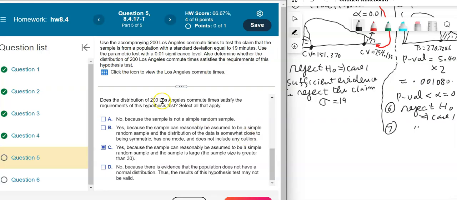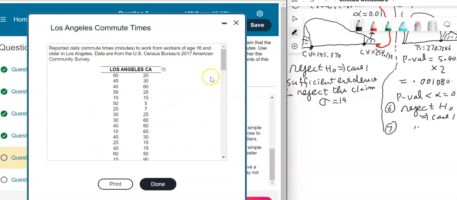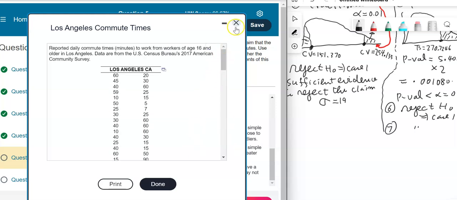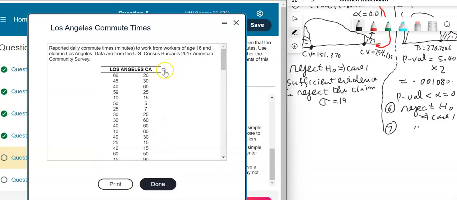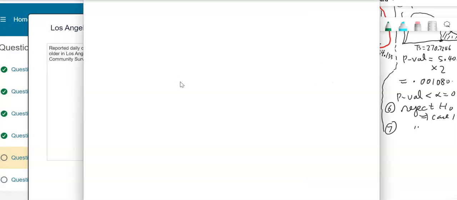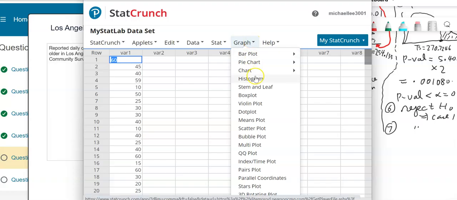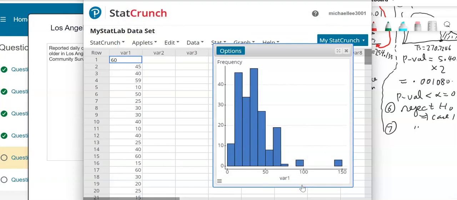Let me look at here. To be a normal distribution, it has to be a histogram, right? Aha.